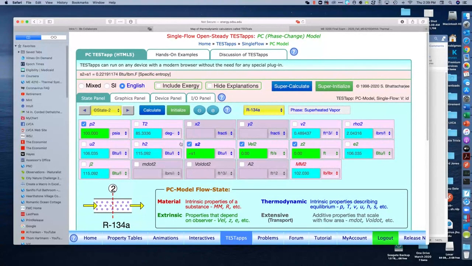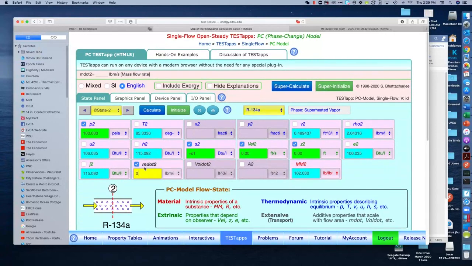With that in mind, and with this particular pressure, we have the two known thermodynamic states, and so our output state is fully defined, and we see that our outgoing temperature in degrees Fahrenheit is 85.33 for the isentropic compression in this particular case.